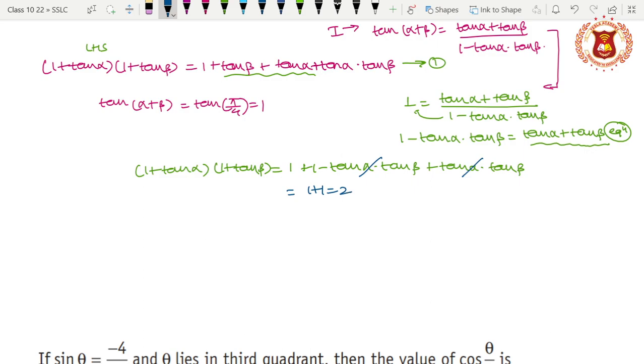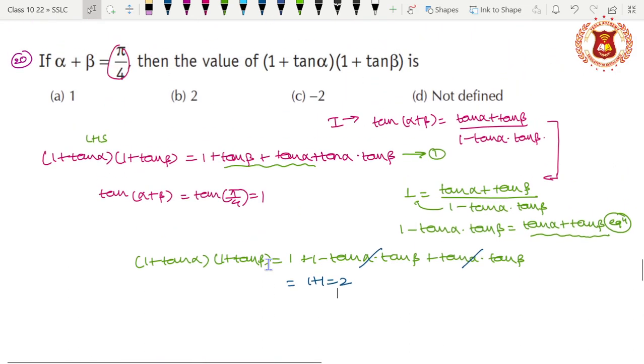Again, a very simple problem. I will explain again what I am doing here. First I simplified this expression, I took the LHS and got this term. Now I know tan of alpha plus beta is tan of pi by 4, because it is already given that alpha plus beta is pi by 4, which is equal to 1. Therefore, in this identity I am applying tan of alpha plus beta equal to 1.